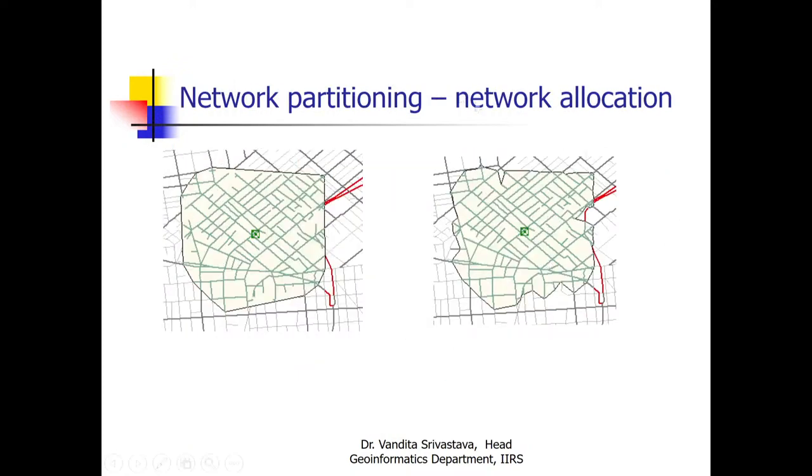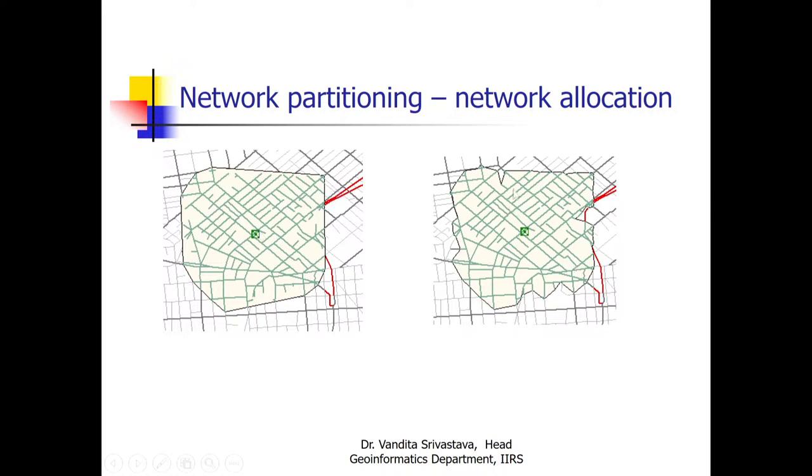And partitioning, as I said, could be based simply on distance, or it could be based on a constraint on travel, like travel on the road. So this is aerial, and this is a constrained allocation of the facility. Usually when you do location allocation, you have more points like this and you have to decide which areas are to be allocated to this facility, as I showed in that global function.